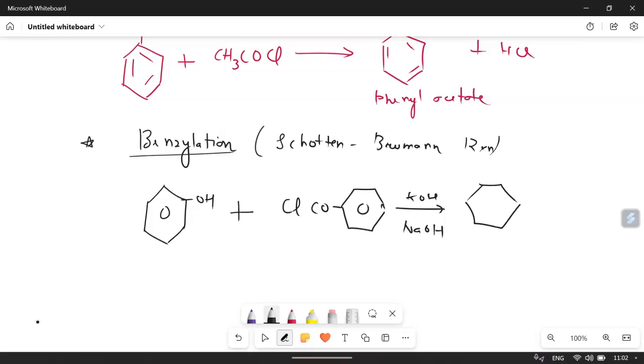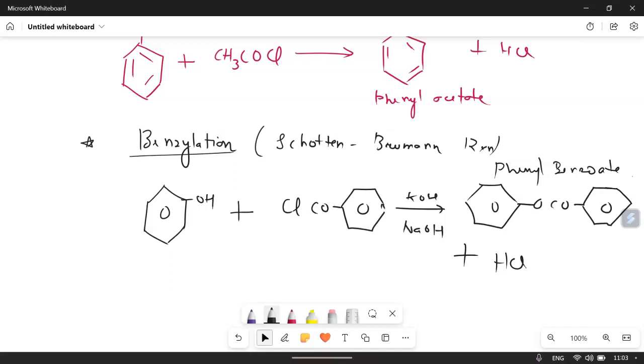So how does it look like? You can see that O-CO-C6H5 plus HCl. This compound is called phenyl benzoate.